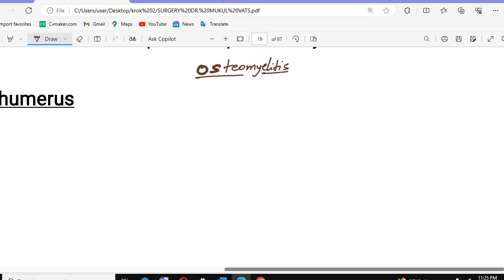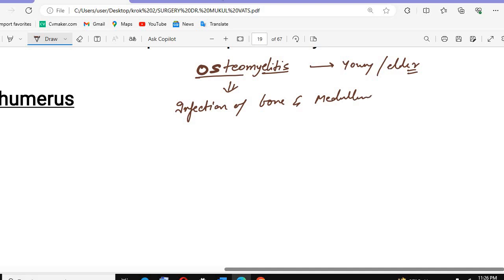Osteomyelitis occurs in young children, or mainly in the elderly population. Myelitis means infection; this is an infection of the bone and the medullary cavity. And usually it affects the metaphysis.